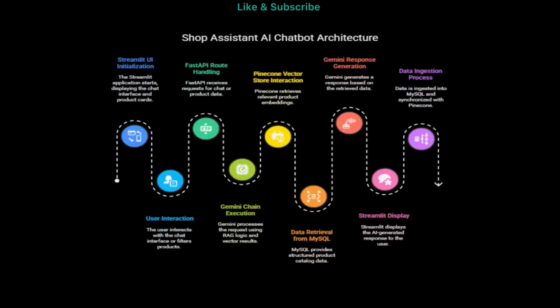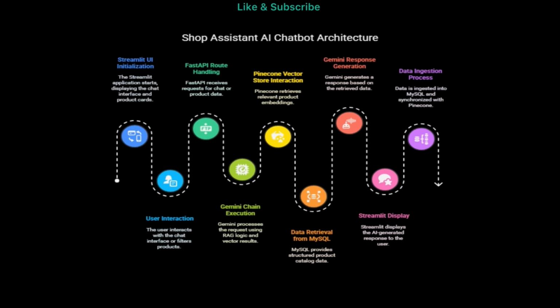Now, the application's core modules, or the application architecture, will consist of around 9 modules. The first, of course, is our Streamlit UI initialization, where the Streamlit application starts displaying the chat interface and the product cards. Second, user interaction: the user interacts with the chat interface or filters products.